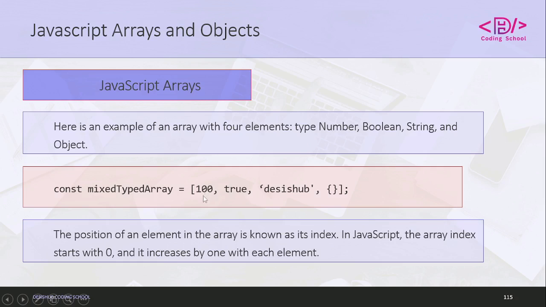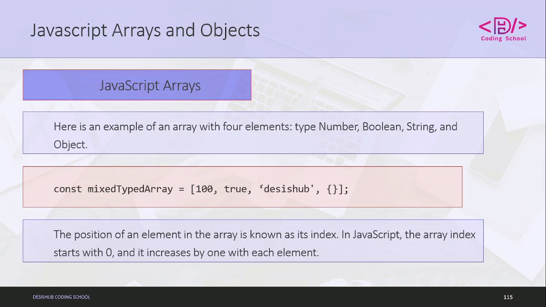The first item is 100, true, this is hub, and this object. This is to show that it can store data of all types, whether it is an object, a string, a boolean or a number. They can all be stored in an array.